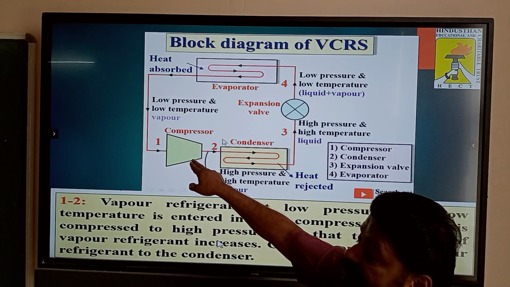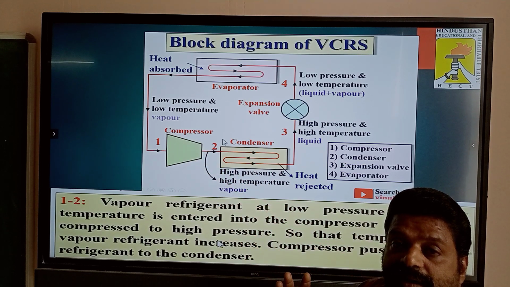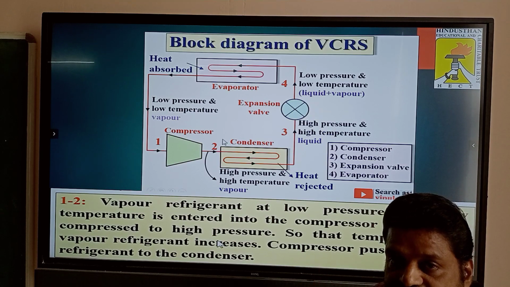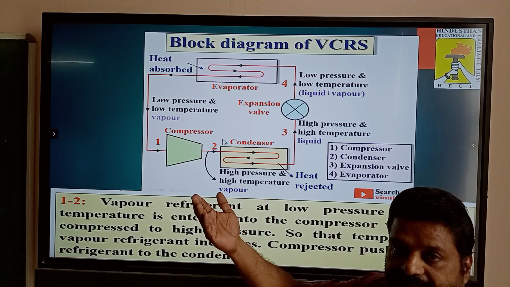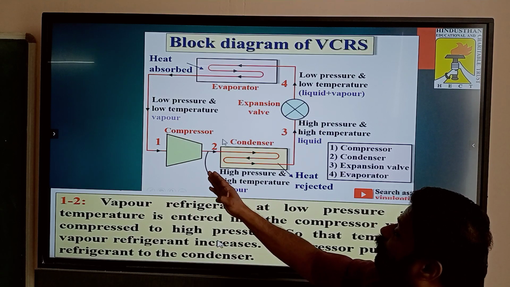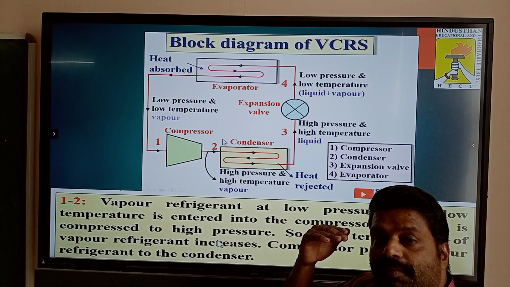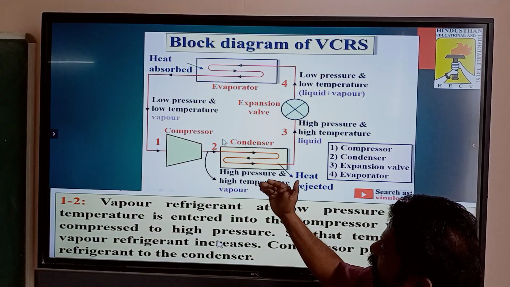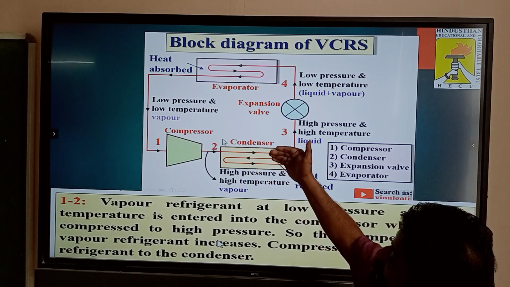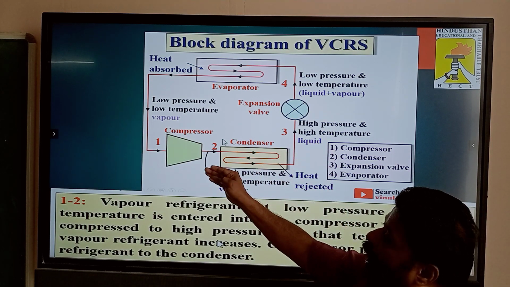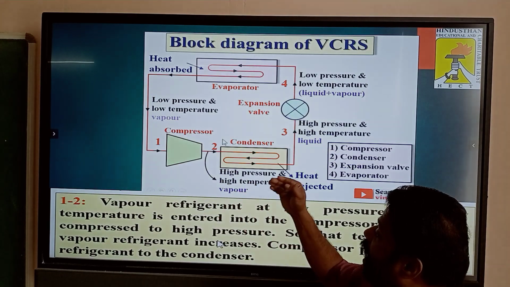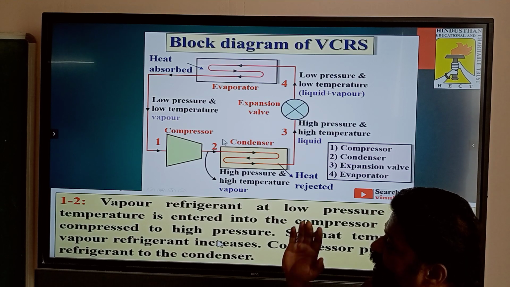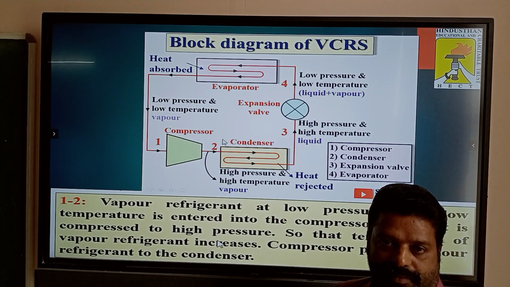Pressure is directly proportional to temperature, so when the pressure is high, the temperature also increases. So the outlet of the compressor is high pressure, high temperature vapor. That is process 1, the compressor.